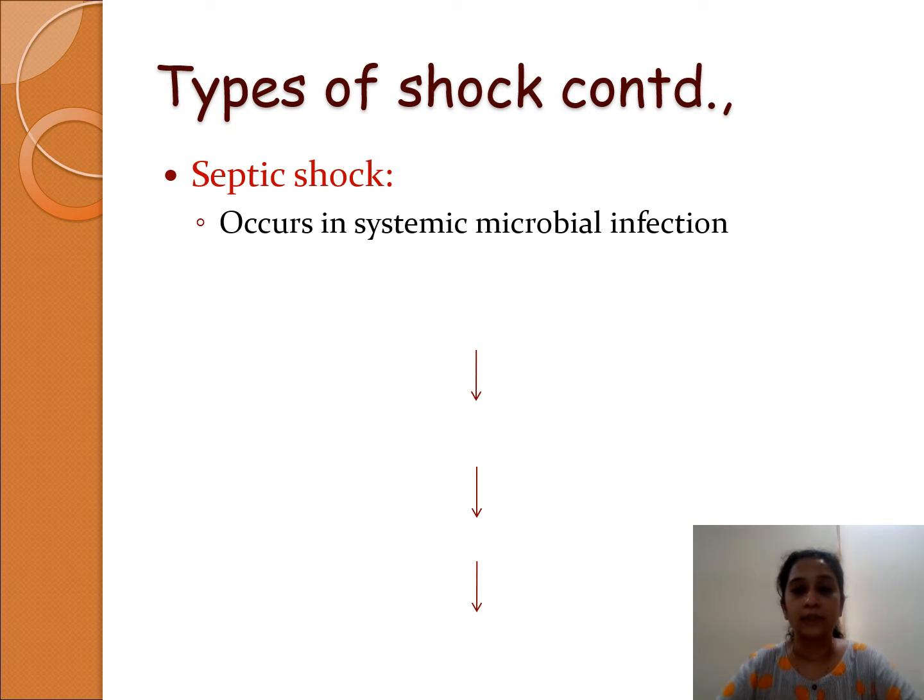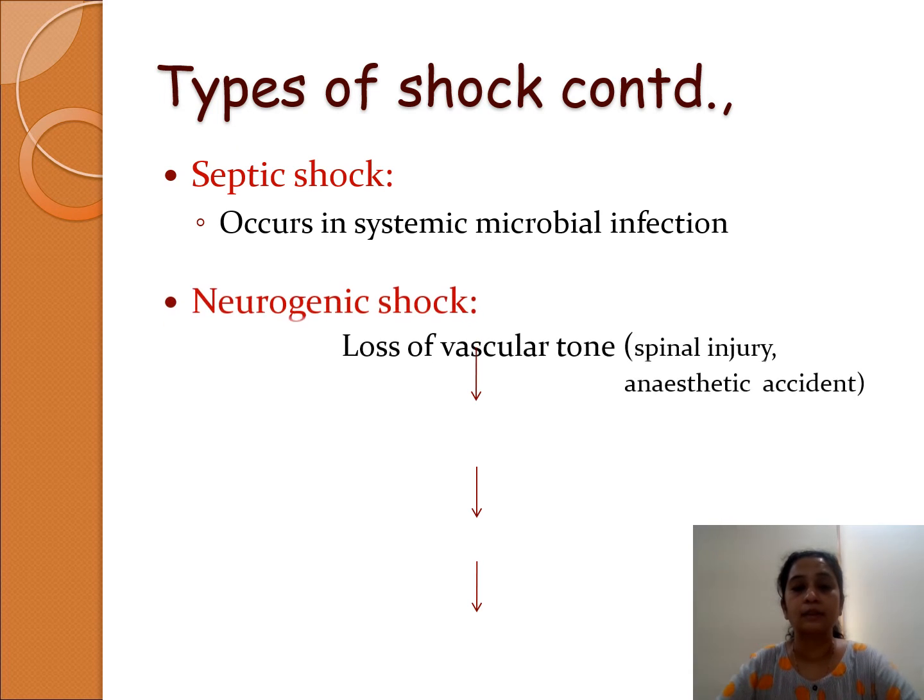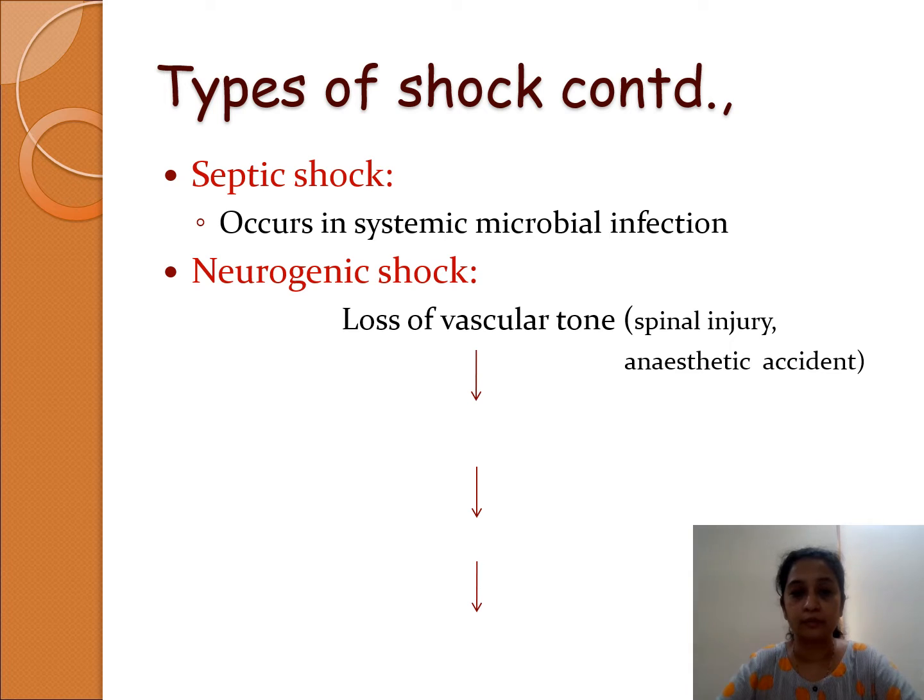So the other types of shock are septic shock. This occurs in systemic microbial infections wherein there is extensive infection in the body causing sepsis and leading to septic shock. Then the other type is the neurogenic shock, wherein there is loss of vascular tone.